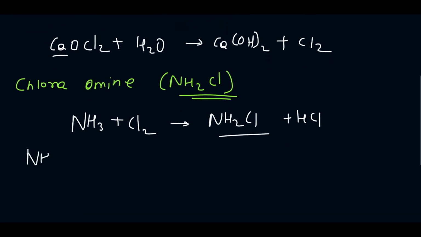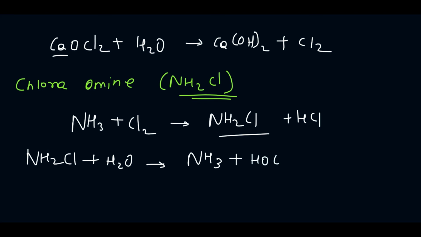Therefore, NH2Cl plus H2O gives us NH3 plus HOCl. This is hypochlorous acid.